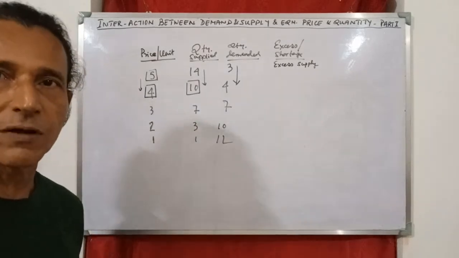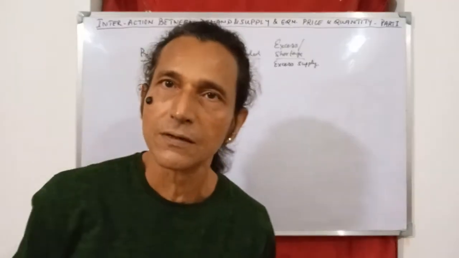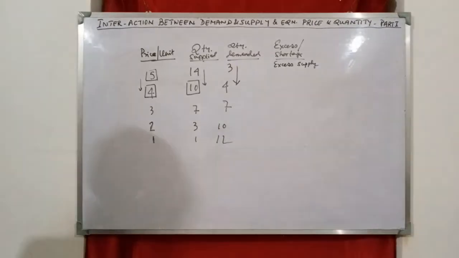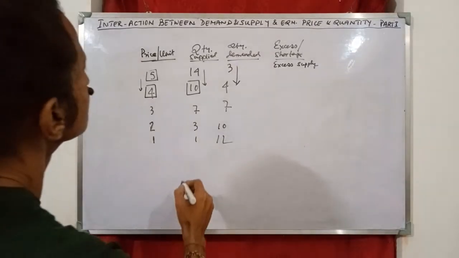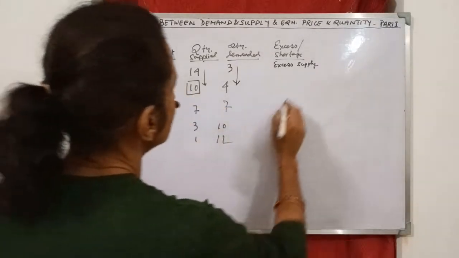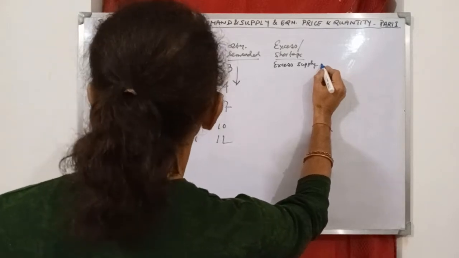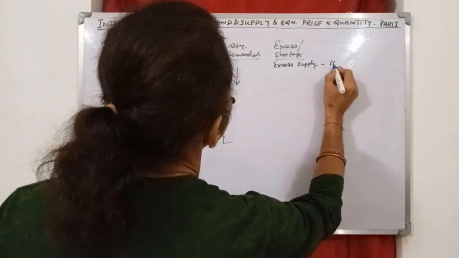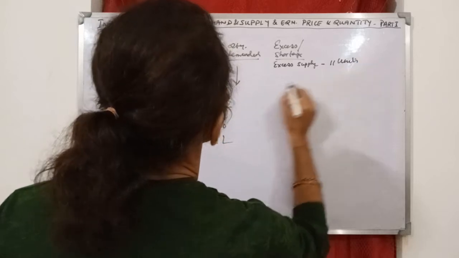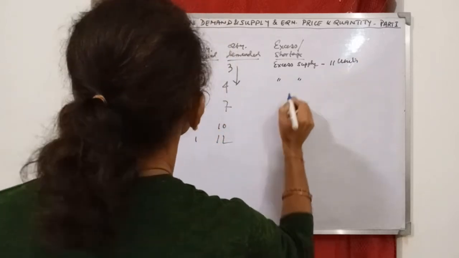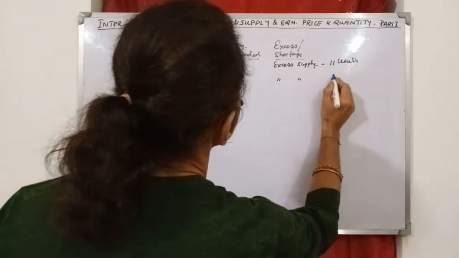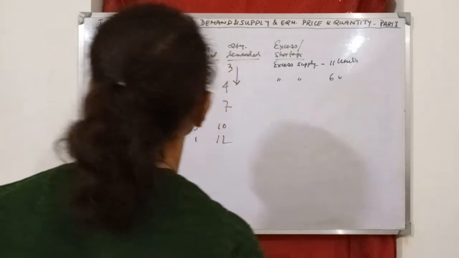That we get from the law of demand, right? Still there is excess supply. Here there is excess supply of how much? 11 units. Here excess supply of how much? 10 minus 4, 6 units.